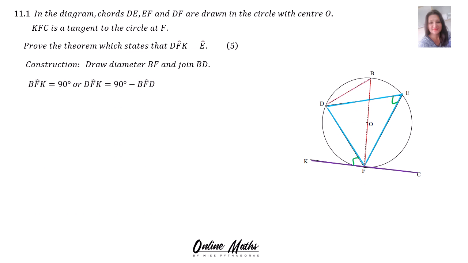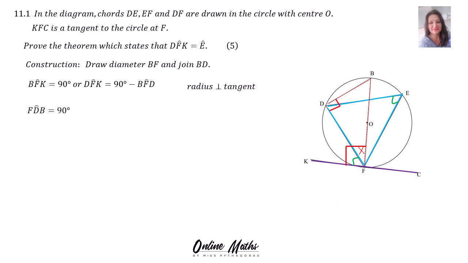Let's start. Angle BFK is equal to 90 degrees, tangent perpendicular to radius, or we can say that angle DFK, the green one there, is equal to 90 degrees minus angle BFD. BFD is this little one over there. The reason there was radius perpendicular tangent.